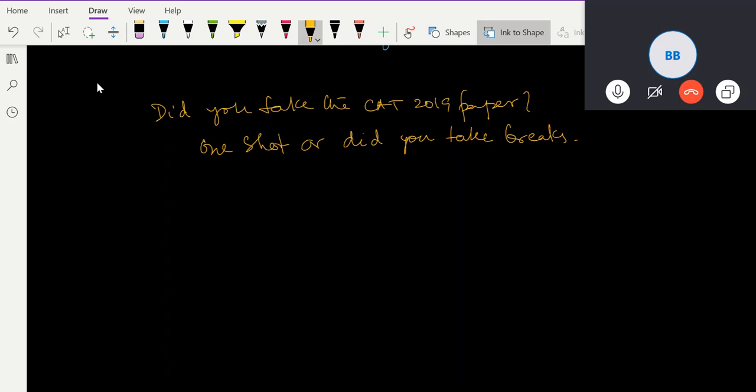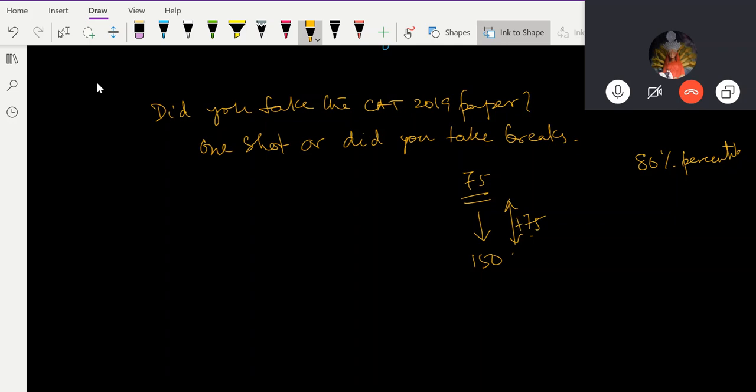So see, without any preparation, you are at 80 percentile, right? And let's talk numbers. You have scored 75, and what is our target? 150, right? So we have to just work towards bridging this gap.